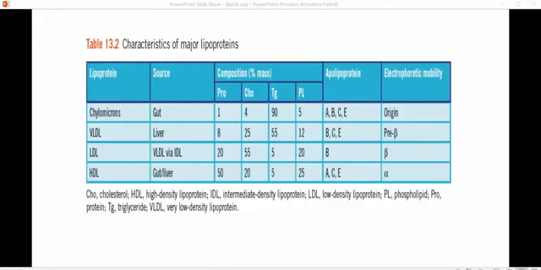This table summarizes the different types of lipoproteins.